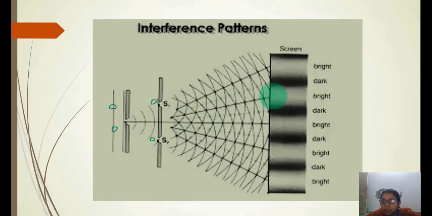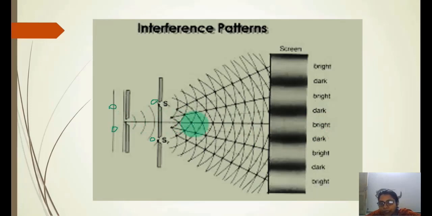Clear? So that means this is the diffraction pattern, and the intensity pattern will not be uniform. That means all the bright fringes will not be of the same intensity. We call these fringes.